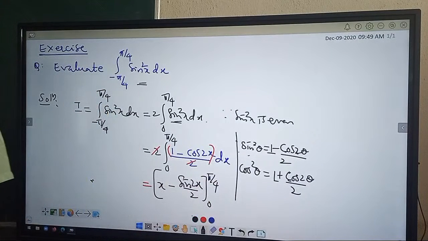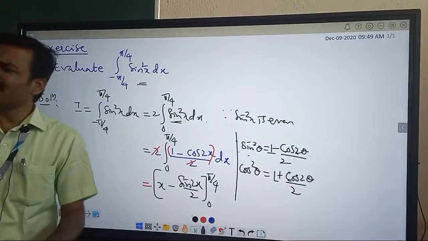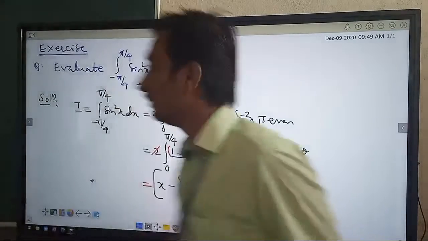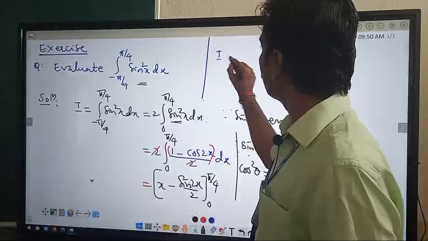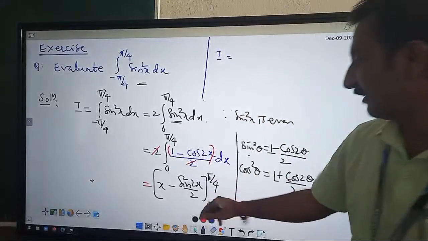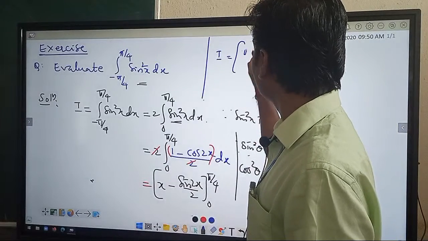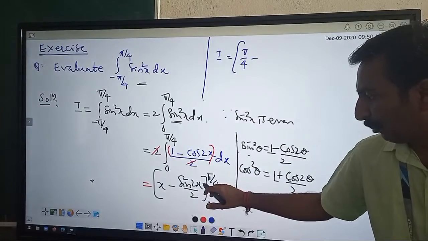Correct? What does the rule tell us? Rule tells us, don't worry, put upper limit minus lower limit. Upper limit: I equals integration now. Once I put the upper limit, this is pi by 4 minus, look at this, 2 into pi by 4.